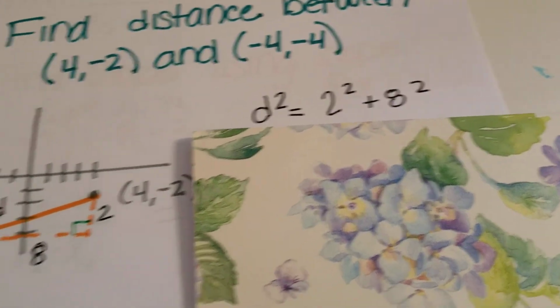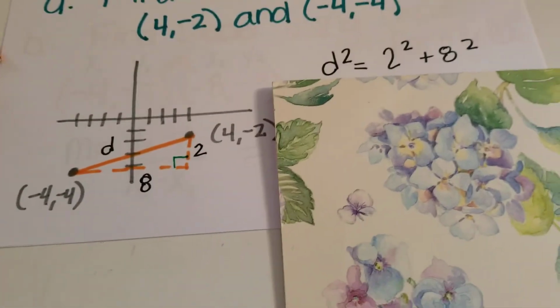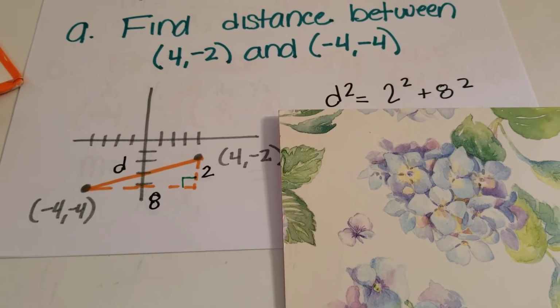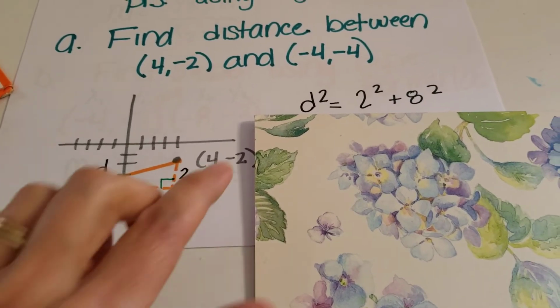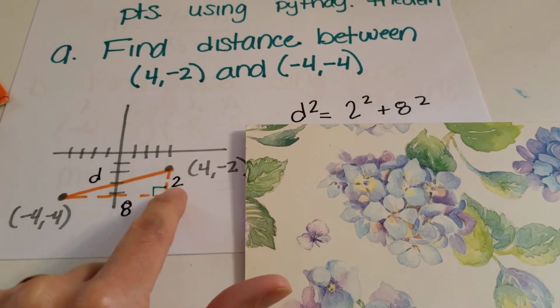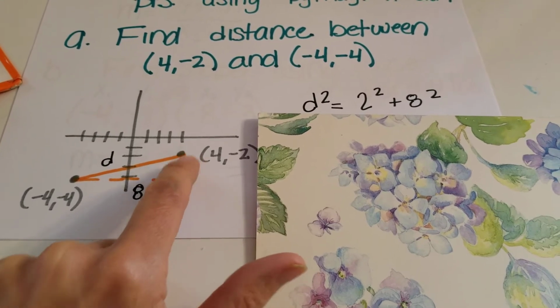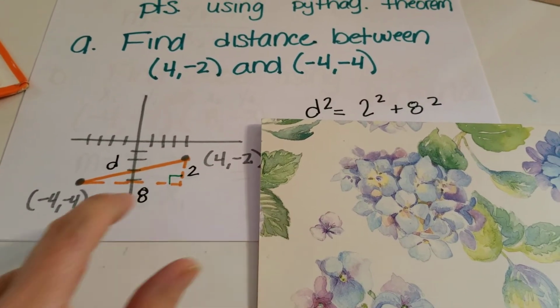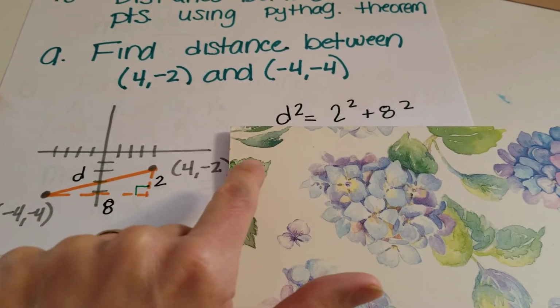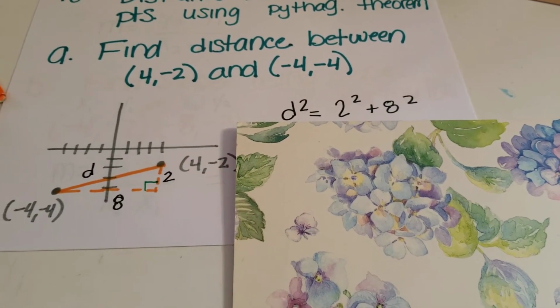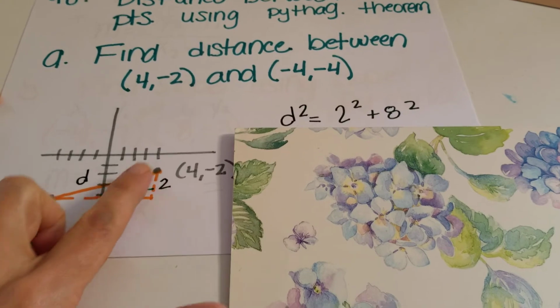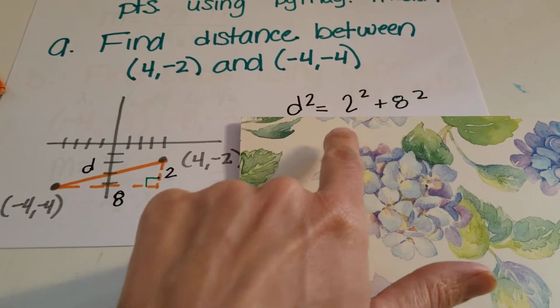So my distance squared, which is my hypotenuse, remember, c squared. So d squared is equal to, and we noticed that up and down I moved 2 places. It went from -4 to -2, so there was a length of 2 on the side. That's where I got my 2 squared.